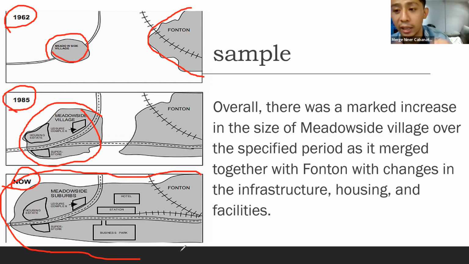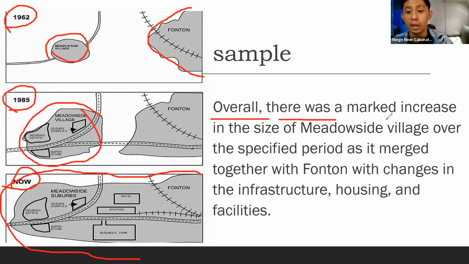What summary can I make is that Meadowside Village expanded, combined with Ponton, and in the process, they had some infrastructure developed. So what is the overview for that? How can I translate that into something that is academic, statistical, and follows the requirement for a legitimate overview? Take a look at this.